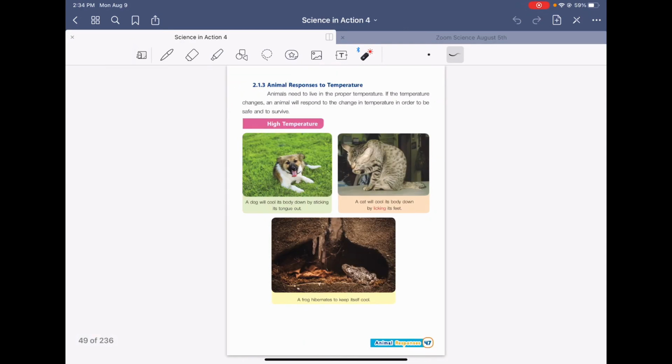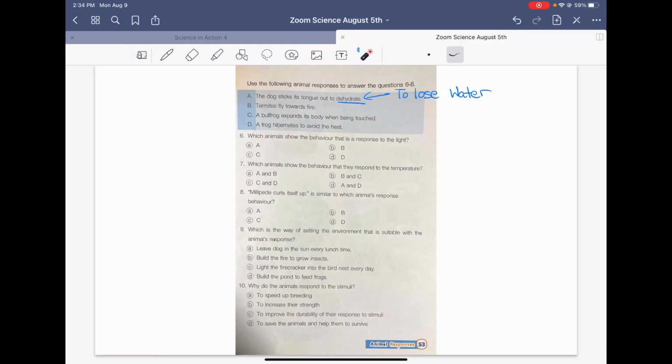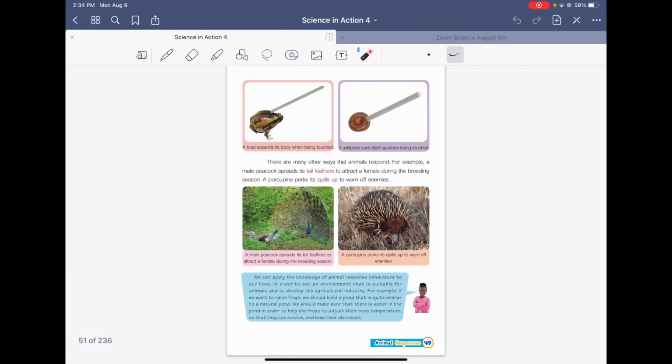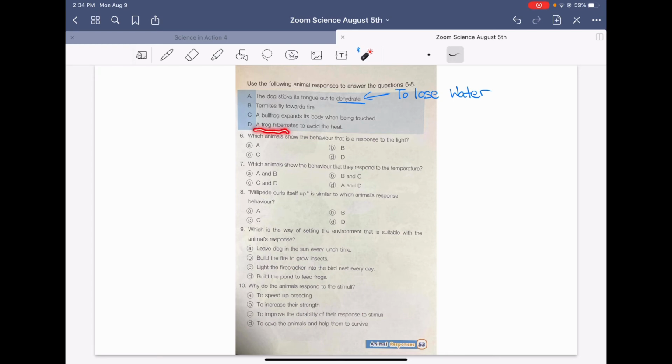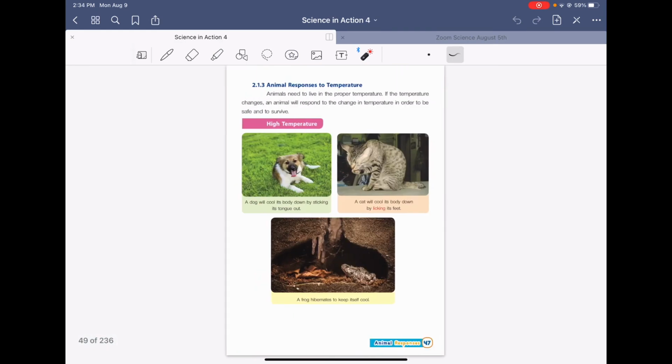We know insects fly towards light. A bullfrog expands its body when being touched. We saw some frogs expand when being touched. A frog hibernates to avoid the heat. Again, a frog hibernates to keep itself cool. Same meaning.